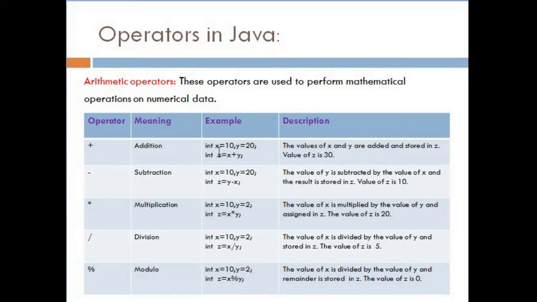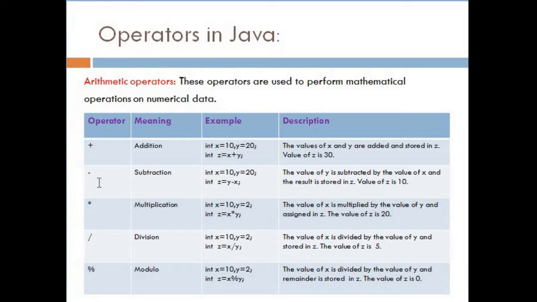So 30 shall get assigned to this variable called z. The description is clearly shown here. The values of x and y are added, which gives 10 plus 20, and the result produces this 30. So 30 gets stored in z.